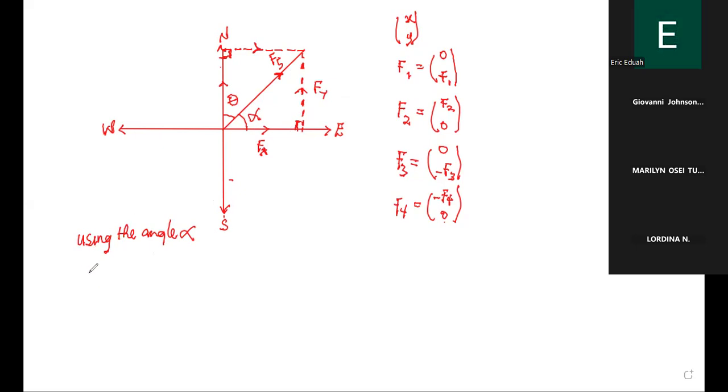So cosine of the angle alpha is equal to the adjacent, which is named Fx, divided by the hypotenuse, which is F5. Therefore, Fx will be equal to F5 times cos alpha.